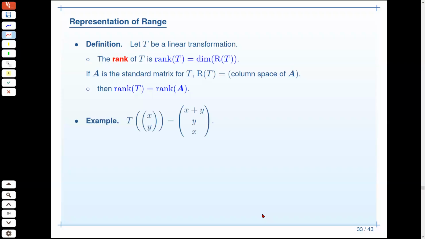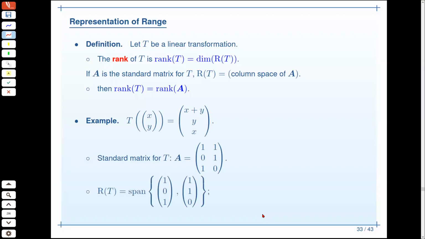So for example, just now, T of (x, y) equals (x plus y, y, x). You can easily write down the standard matrix for T, which is the first column 1, 0, 1, second column 1, 1, 0. So now we can immediately say that the range of the T is the span of the columns of the A, because it is just the column space of the A, the span of (1, 0, 1) and (1, 1, 0).